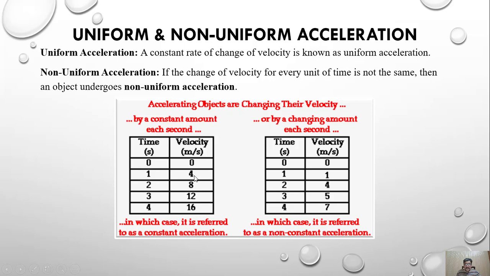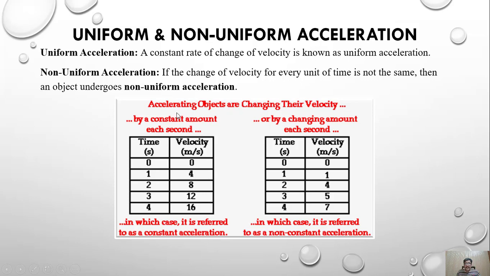If you take the difference of the second and the third, there is a difference of 4. So this difference of 4 indicates that velocity is increasing here, but constantly. So uniform acceleration is occurring here, or you can say constant acceleration.